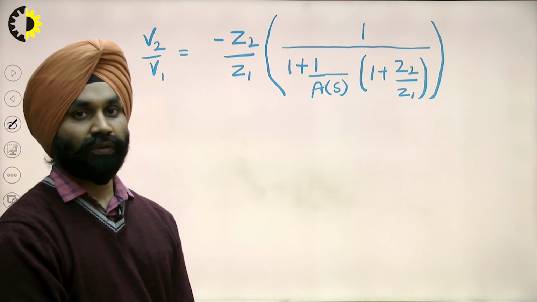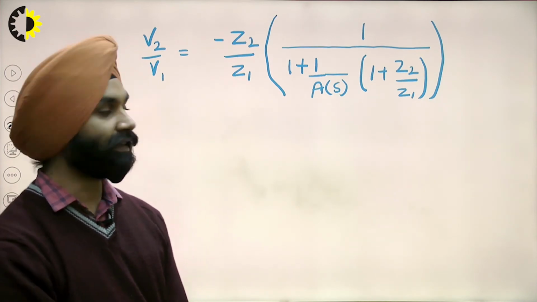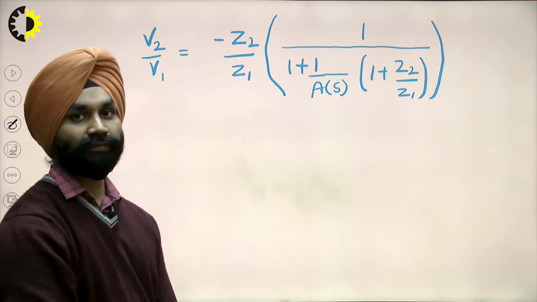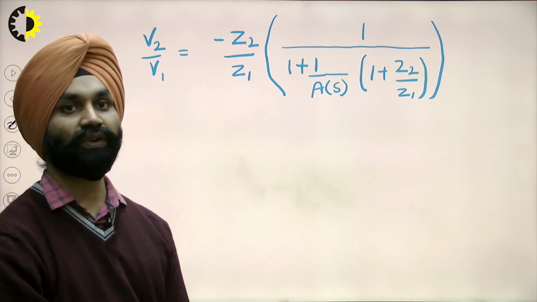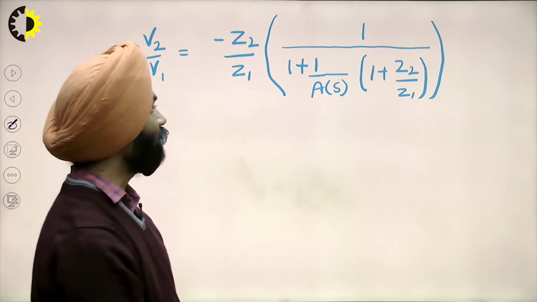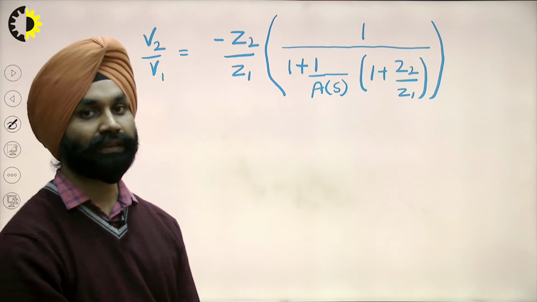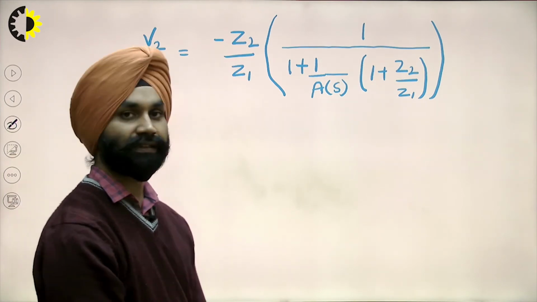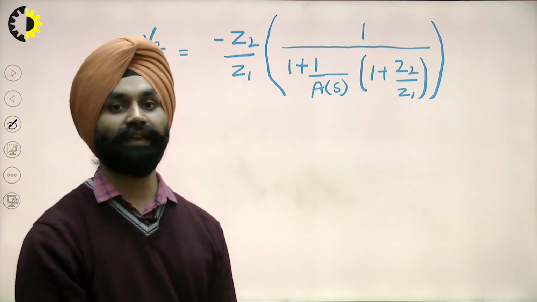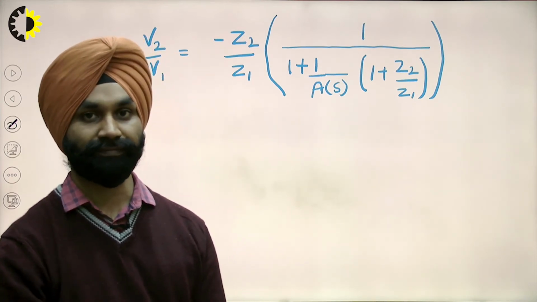Now, with some manipulations, it gives V2 by V1, which will be the transfer function, equal to minus Z2 by Z1 into 1 upon 1 plus 1 upon A(s) into 1 plus Z2 by Z1, where A(s) we have seen is the gain of the operational amplifier.